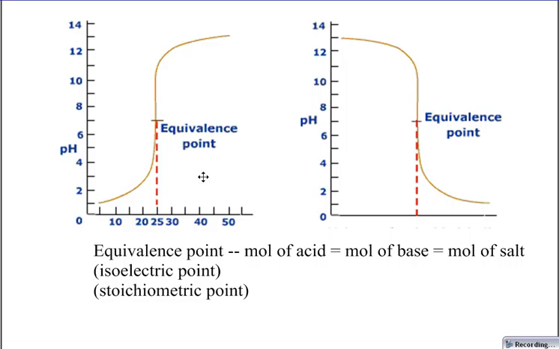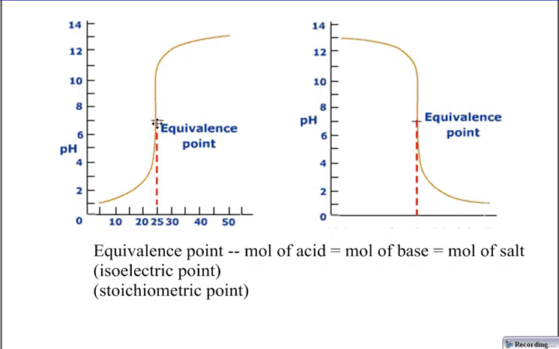And it's called a couple things. You can call it an equivalency point, which is the most common term and probably the one you'll see on your test in the AP exam. But it can also be called an isoelectric point, because pH is a measurement of minute current through the solution. It can also be called the stoichiometric point. So you'll sometimes see this labeled as equivalency point.